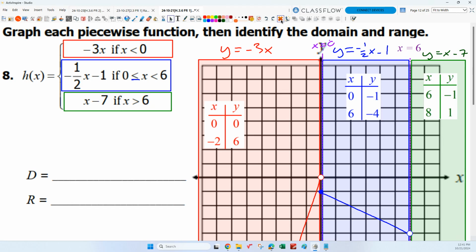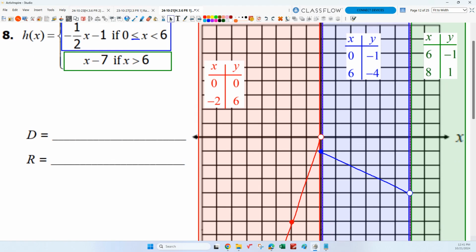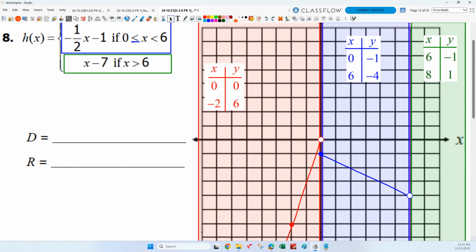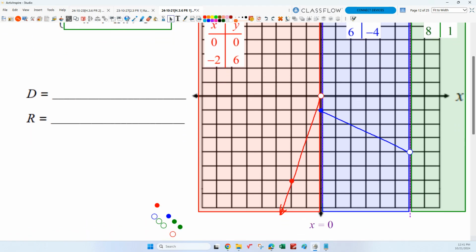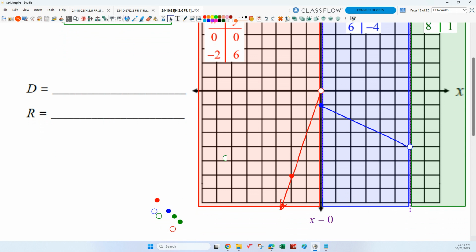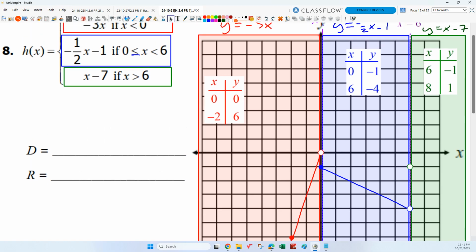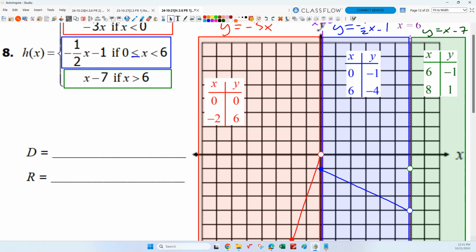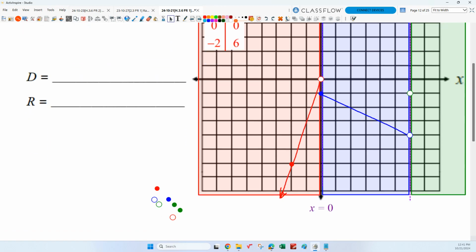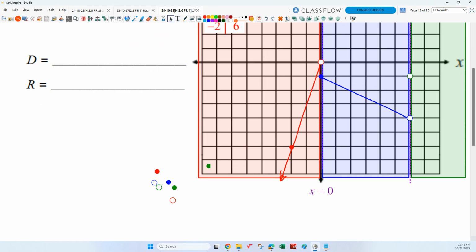Open. So we get an open endpoint at 6, -1 for our green function. And then another point we could pick, 8 would be fine. Plug 8 in. 8 minus 7 is 1. We get another point at 8, 1. And there's our green piece of our function.